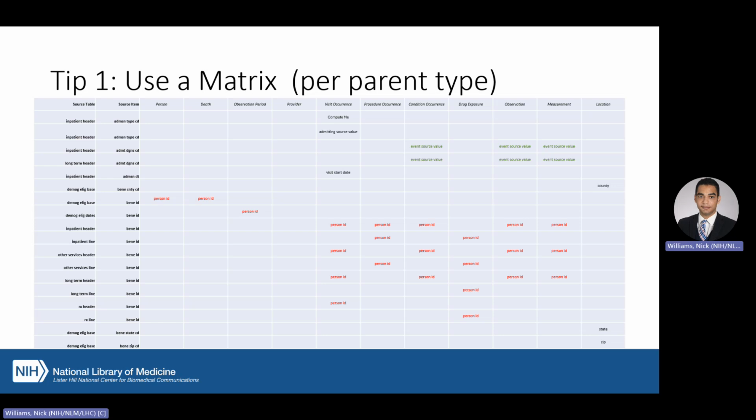And it's not all to all. It's some from here go over there. For example, for inpatient header Benny ID, that's actually going to go to visit occurrence, procedure occurrence, condition occurrence, observation, and measurement, but will not be used as a Benny ID for drug exposure because inpatient drugs are pretty unusual on TAF claims for various reasons.